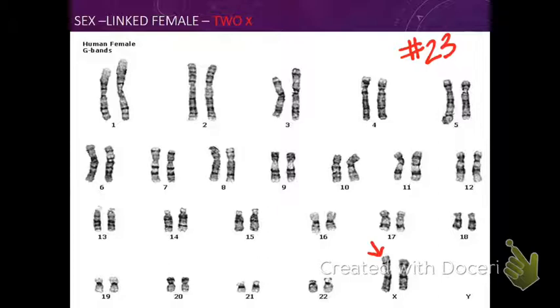Now, your gender is decided at conception, but as far as development, everyone actually starts out female. About 2 months after conception, if the Y chromosome is present, if it's a male, then an SRY gene gets turned on in order to turn on testosterone.